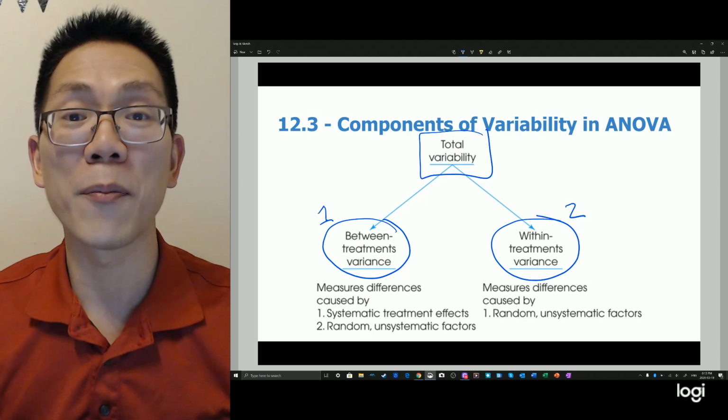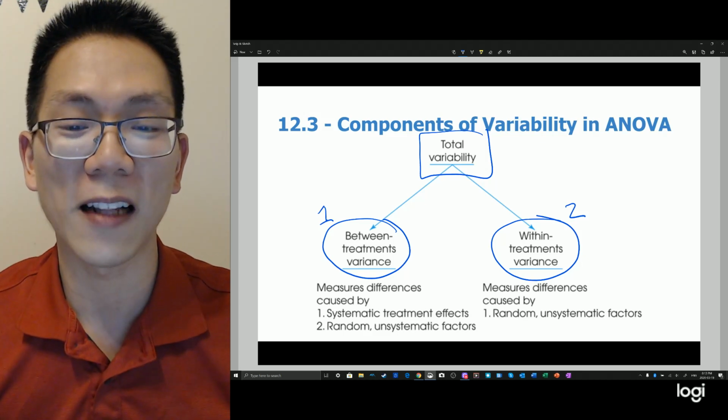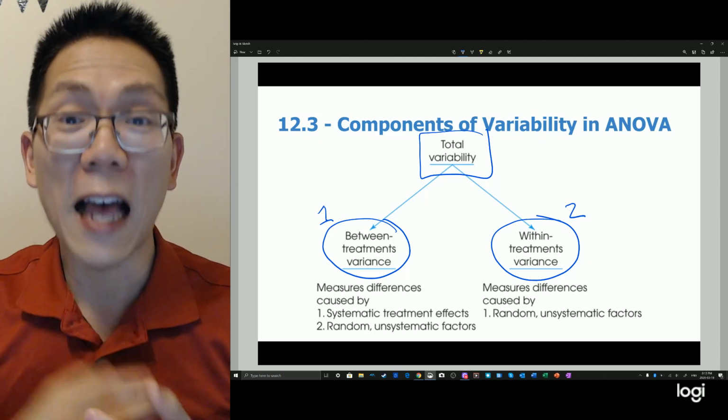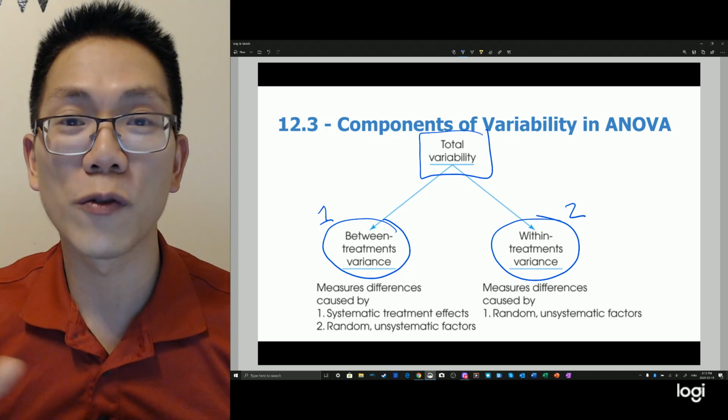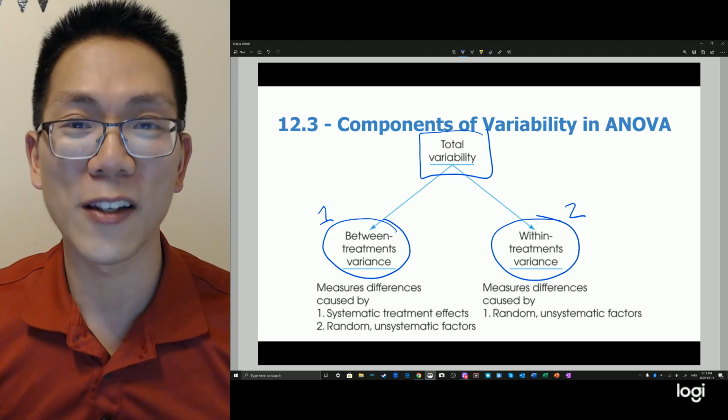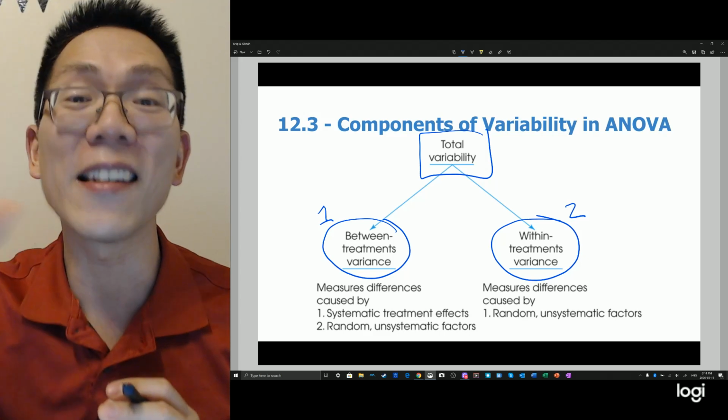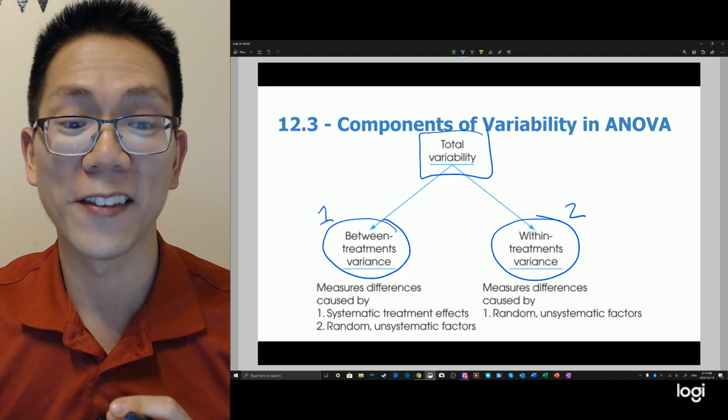And if you remember in your research methods class, that's why we have lab settings. That's why we try to control as many of these factors as we can, so then we can isolate the treatment effect.